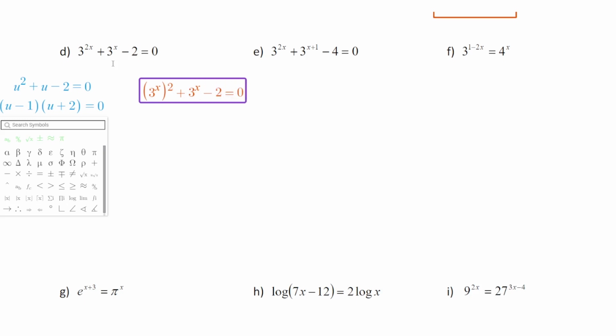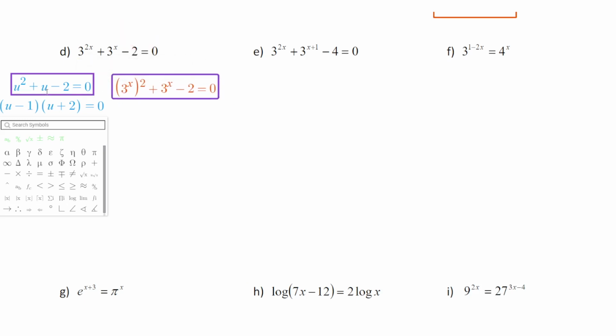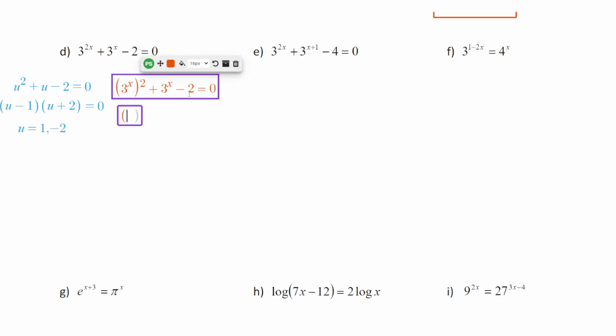You can see how if I rewrite it like this, it becomes a little more obvious that it is the same essential setup as u squared plus u minus 2 equals 0. So when I factor this, instead of u, I've got this 3 to the x, so 3 to the x minus 1 times 3 to the x plus 2 equals 0.